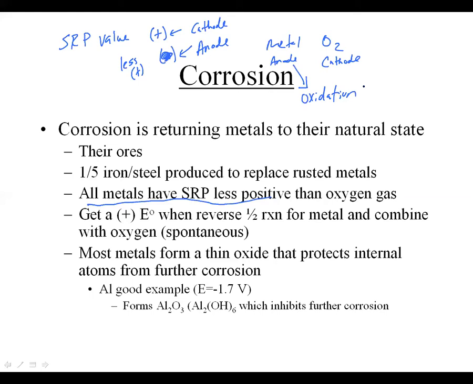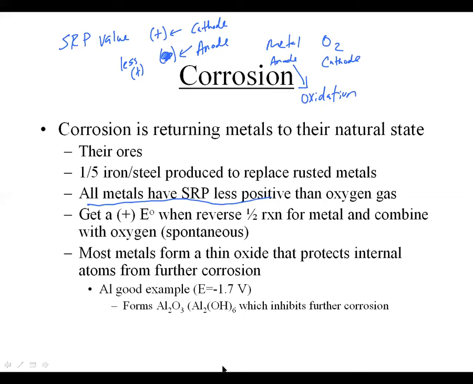Now, most metals, when they go through corrosion, it doesn't always necessarily mean it's a terrible thing. Actually, in certain cases, when a metal goes through corrosion or oxidation, it can protect the metal from future corrosion. An example would be aluminum.